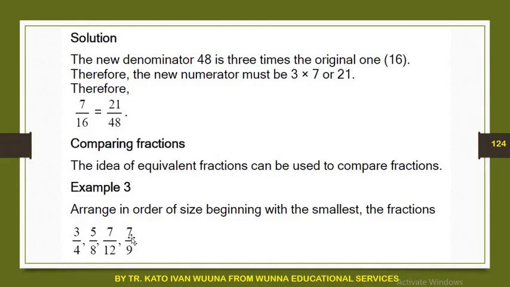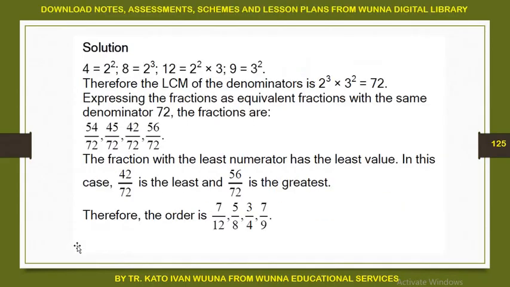So what we are getting after multiplying the fraction by our LCM, the answer we get becomes our new numerator out of 72. Hence, obtaining 54 over 72, 45 out of 72, 42 out of 72, and 56 out of 72.